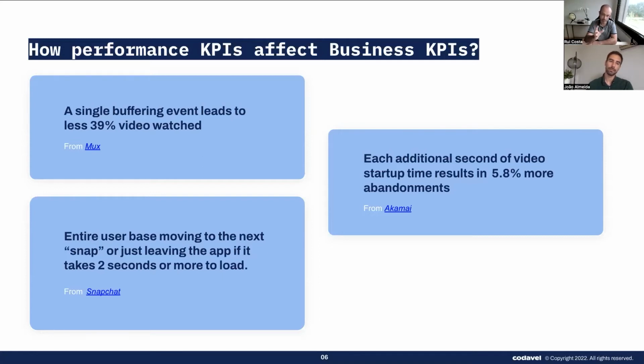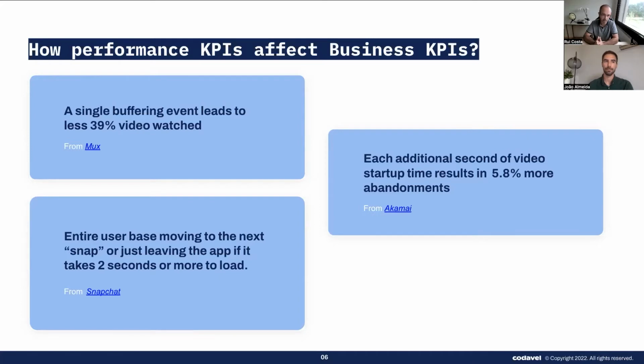Of course, if in the Snapchat application they don't deliver the snap, so that short video that the application is all about, within 2 seconds, the entire user base moves on, either dropping out of the application or moving on to the next snap, to the next video. But you have up to 2 seconds. After those 2 seconds, everyone is out.